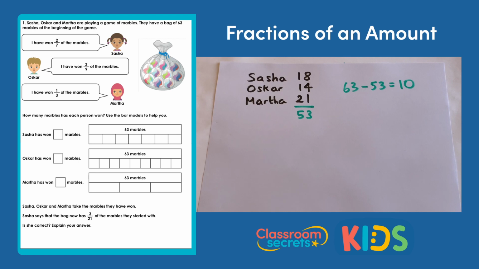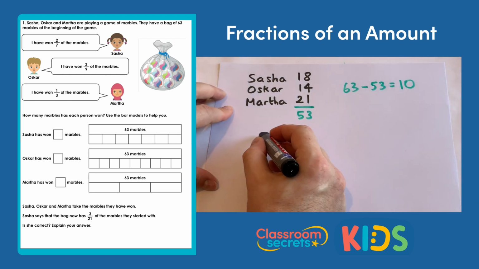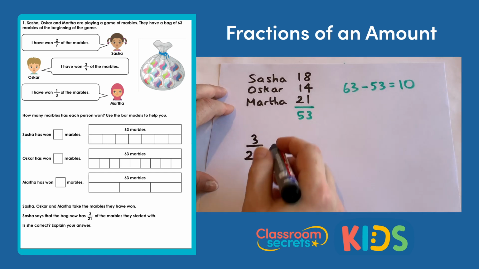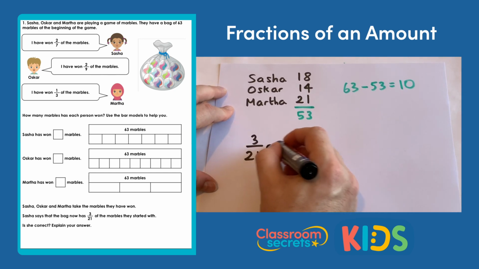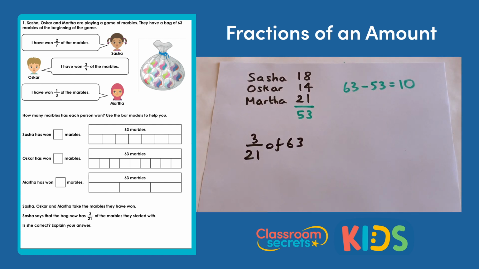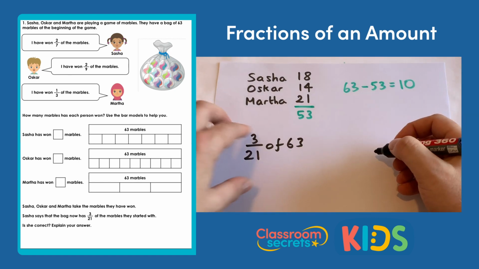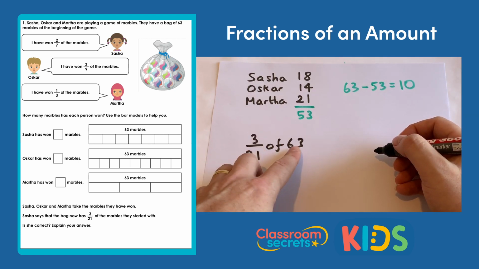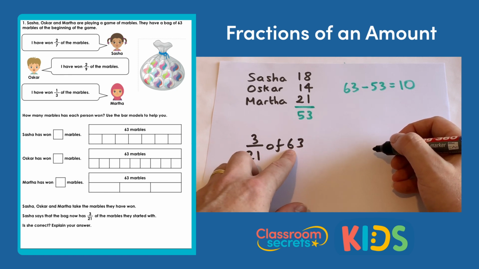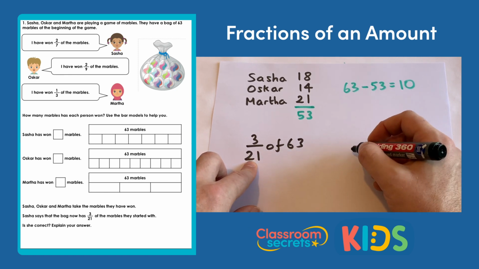Now Sasha says the bag now has 3/21 of the marbles they started with, which was 63, so 3/21 of 63. So she thinks that's what's left in the bag. Let's just work out what 3/21 of 63 is. So we need to work out the amount that each of the 21s will have. So 63 marbles are going to be split into 21 equal groups.